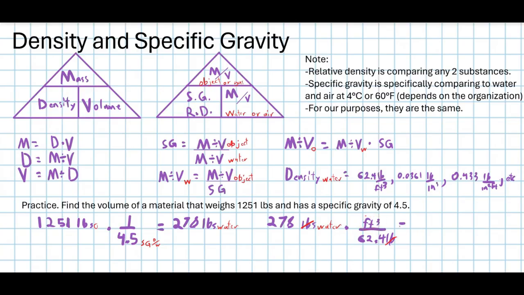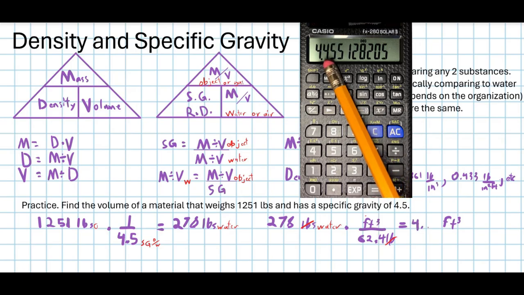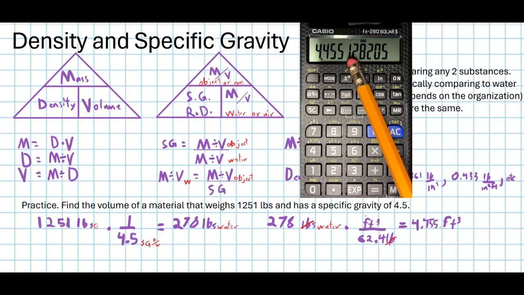So when I look at my answer, I can do cubic feet, and I know I have a unit of volume. So I'm going to go to my calculator, and I have 278 pounds, and I'm still doing a divide by 62.4, and that gives us an answer of 4.45512. I'm going to look at that 2. It rounds down.